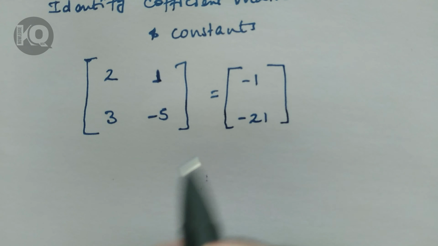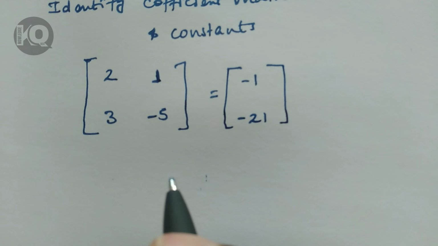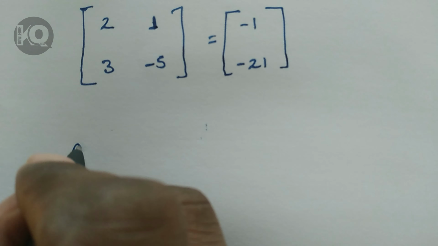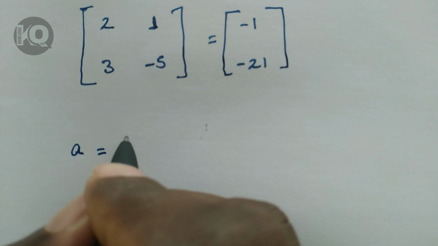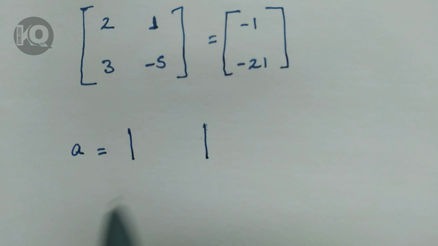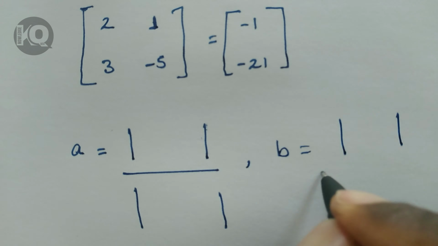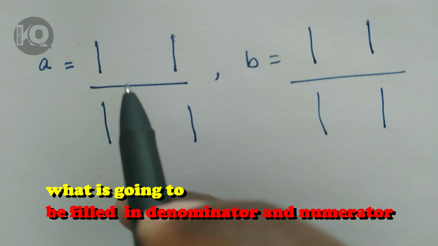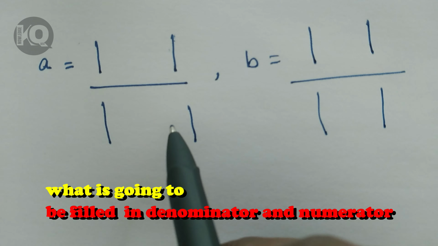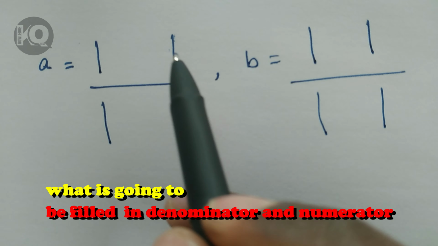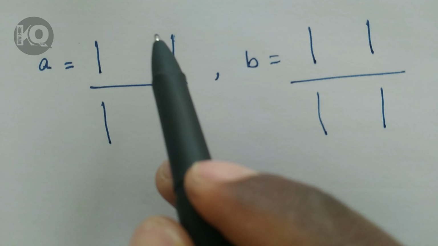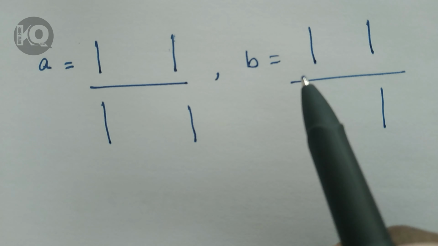The second step is to write a and b in the form of determinants, filling in the denominator and also the numerator. The denominators are simply the coefficient matrix, and in the numerator the constants must be involved, separately for a and b.